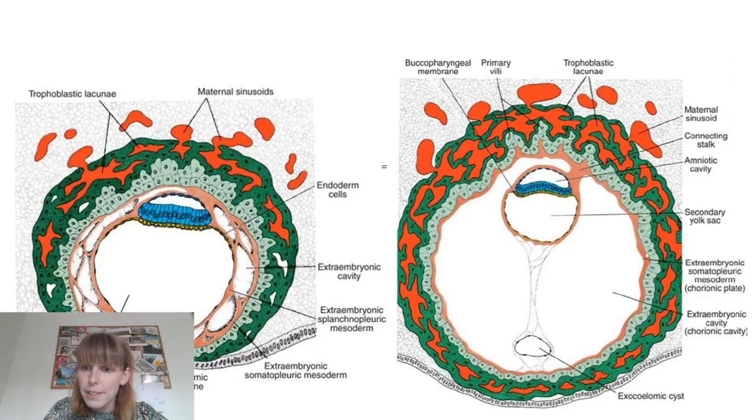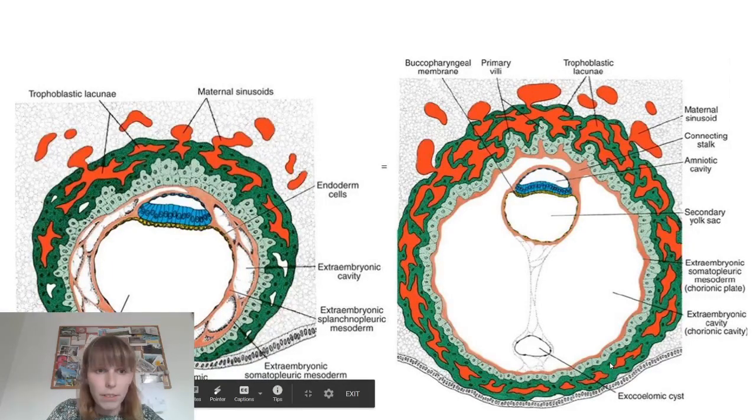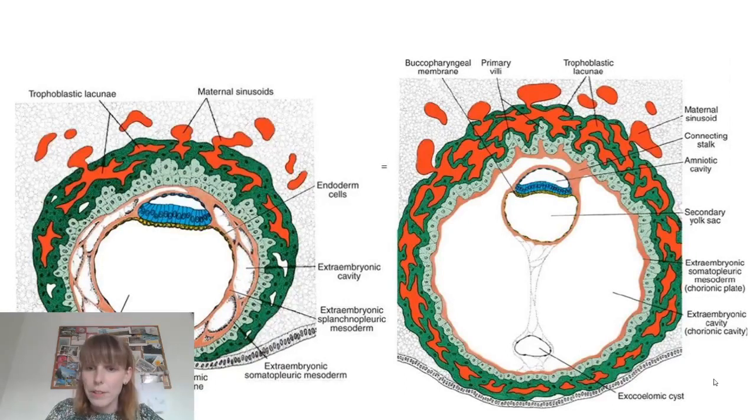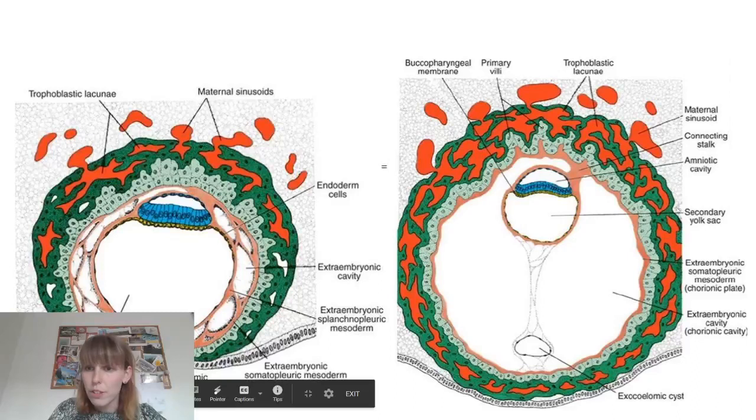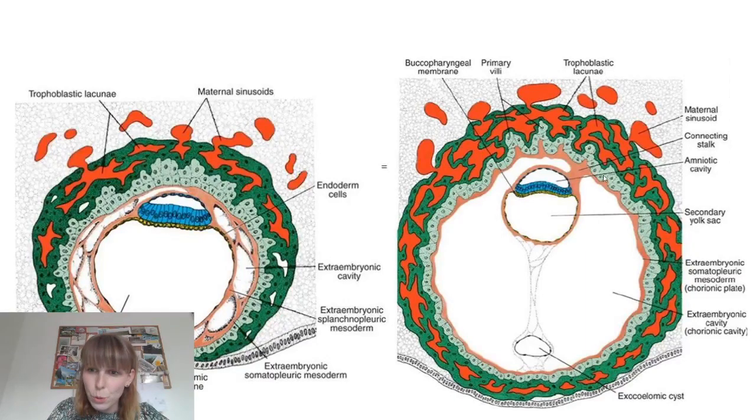So this is what's happening before we have a look at the embryo or the extra-embryonic organs on the slides. This is just for your orientation, and you see here again that the tissue of the trophoblast starts growing into the endometrium, and it will be forming these villi, which we will meet in the placenta.